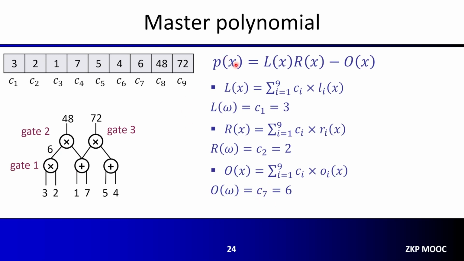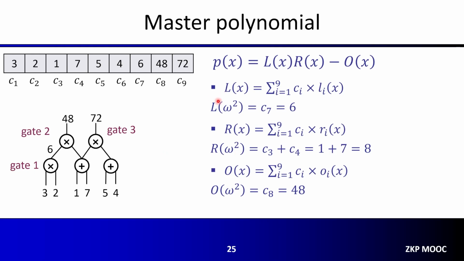So P of omega simply equals C1 times C2 minus C7, that equals 3 times 2 minus 6, and it should be 0 in this example. It's exactly taking the left input of a multiplication gate times the right input minus the output. If this trace is correctly computed by evaluating the circuit, then it must be 0, because left times right minus the output should equal 0 for the first multiplication gate.